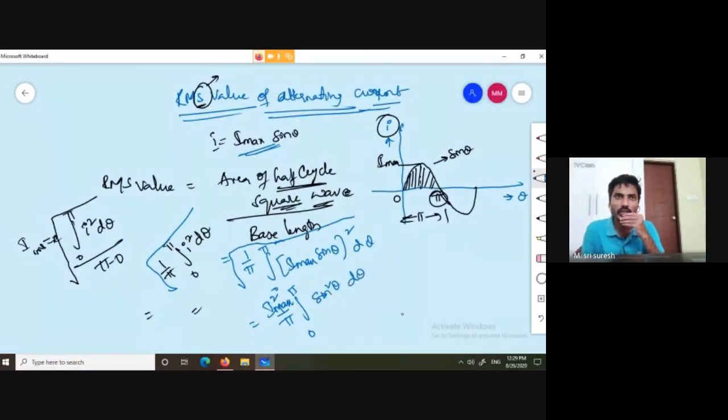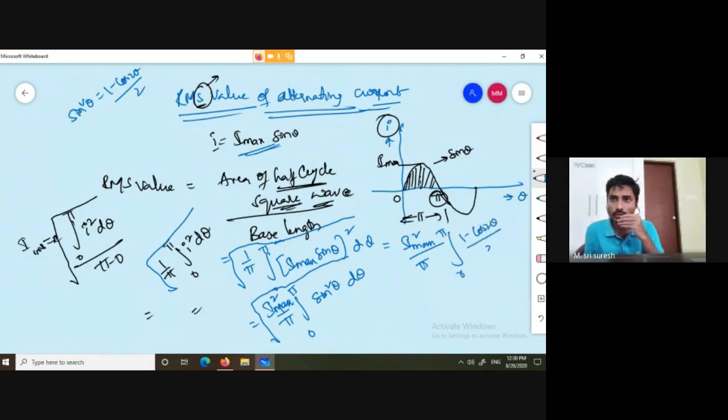Sine square theta can be written in terms of cos as (1 minus cos 2 theta) by 2. So substitute that value. So I max square by pi, here there is a root, integration from 0 to pi of (1 minus cos 2 theta) by 2 d theta, whole over root.